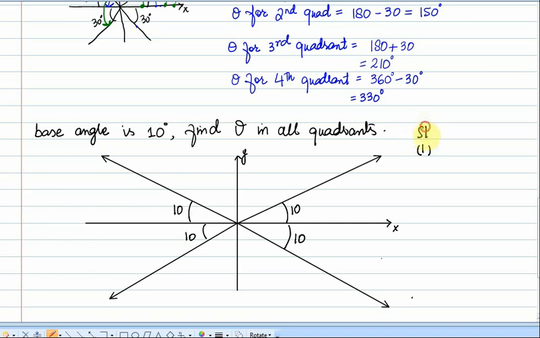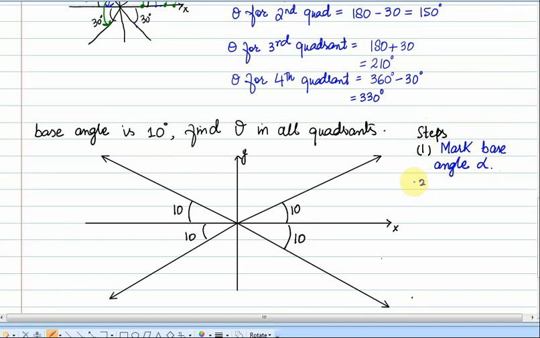First step, mark base angle alpha. Now you have marked your base angle alpha. Now the next step, mark theta in the first quadrant.